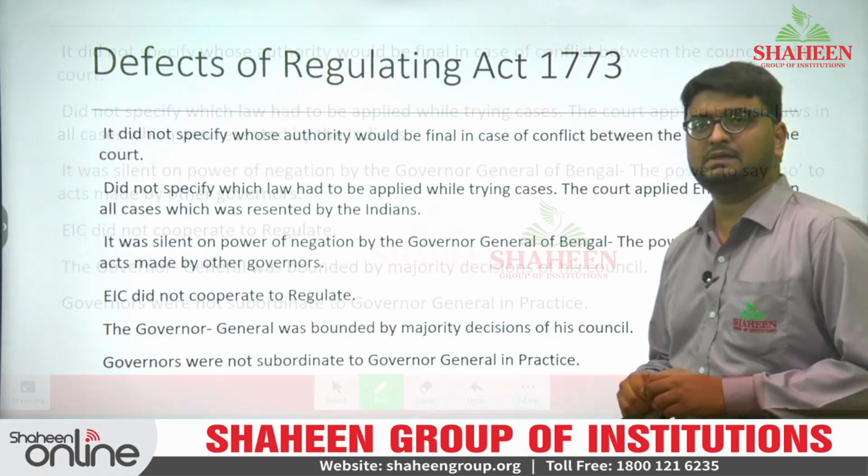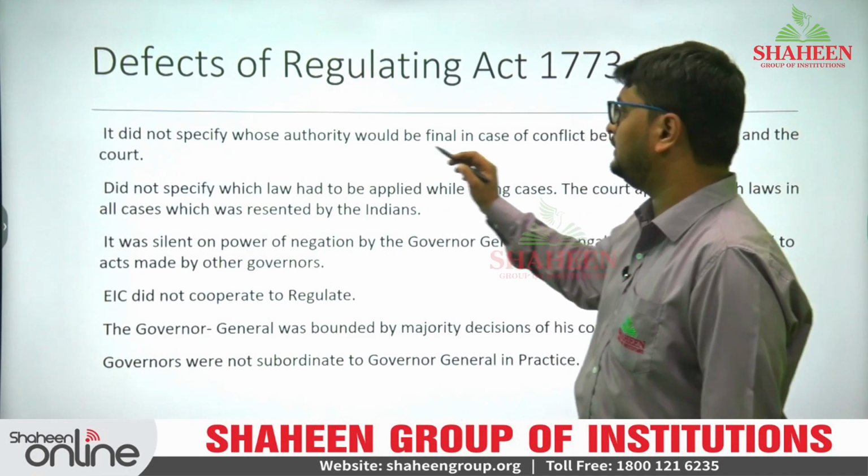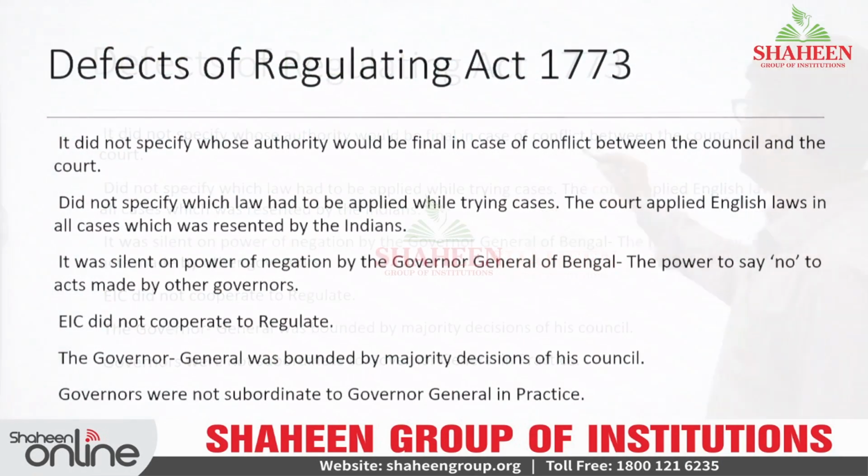Now we will see what the defects of the Regulating Act of 1773 are. Number one is that it did not specify whose authority would be final in case of conflict between the council and the court.